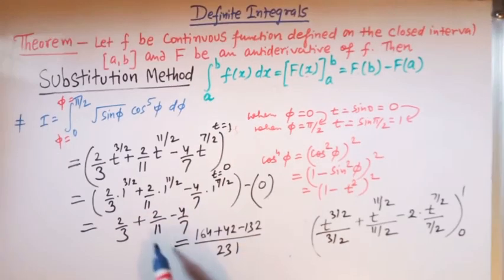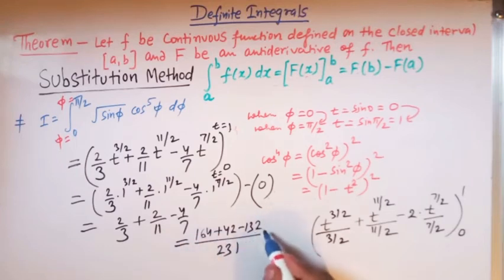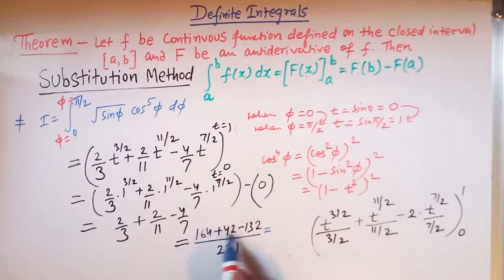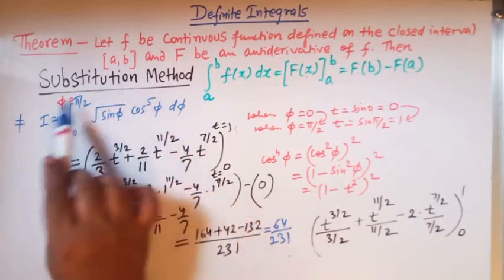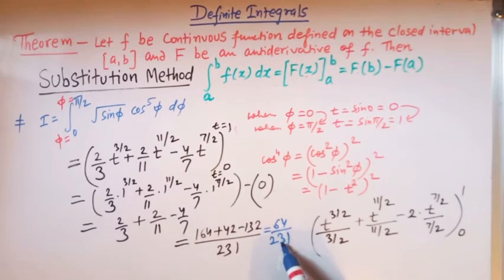Now viewers, if we take the LCM of 3, 11 and 7, we have 231, and in the numerator we'll have these three terms. If we solve this numerator, we'll get 64 divided by 231. So the value of this definite integral is 64 divided by 231.